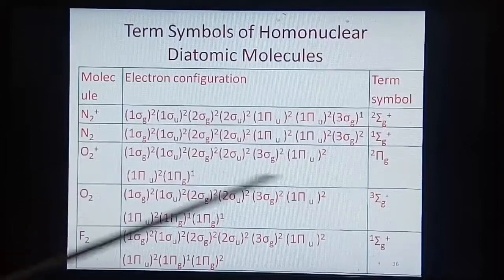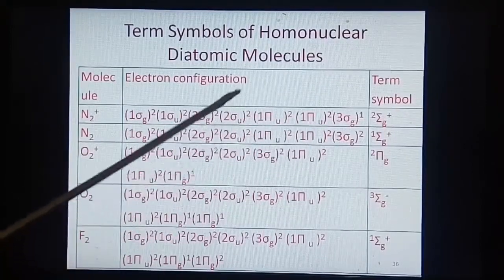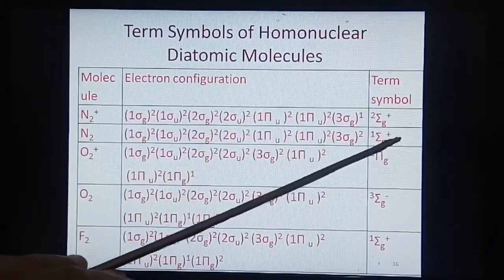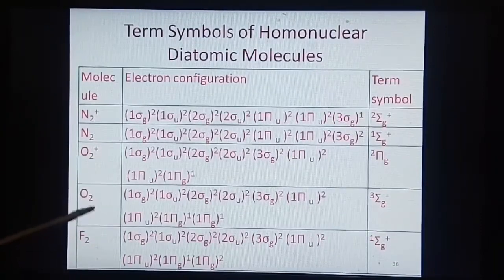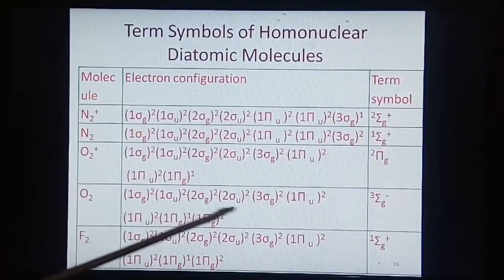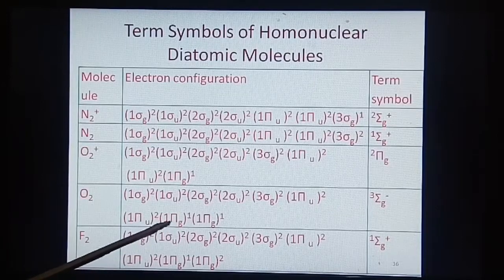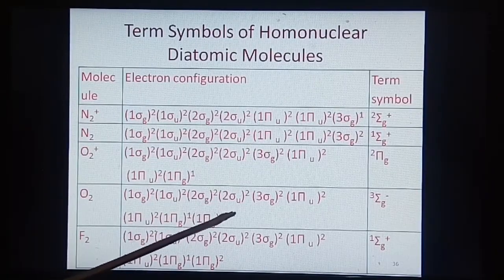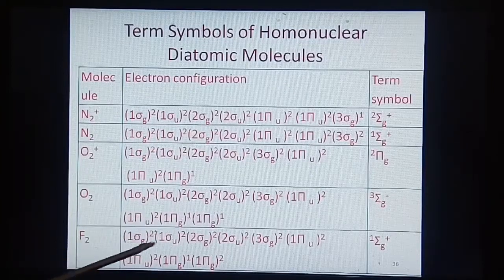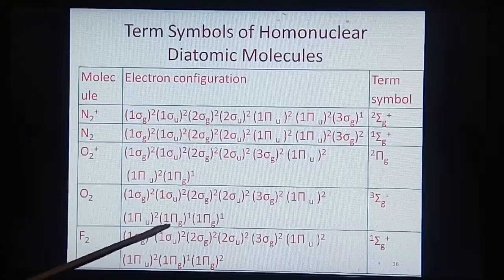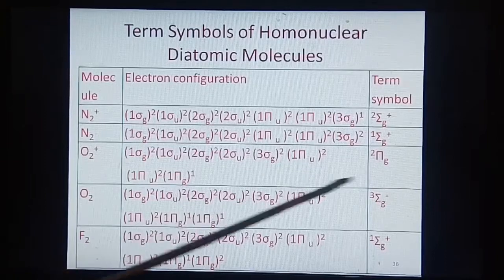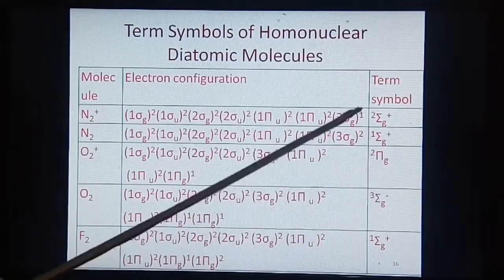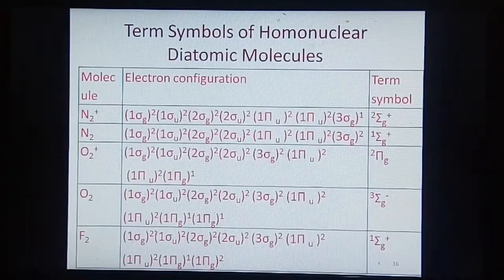So these are the electronic configurations, and these are the term symbols we can discuss. Again, if we take O2, this is 1 pi g1, 1 pi g1. As we have discussed earlier, when the electrons are in pi 1g and pi 1g, the symmetry will be minus, otherwise in all others the symmetry is plus.